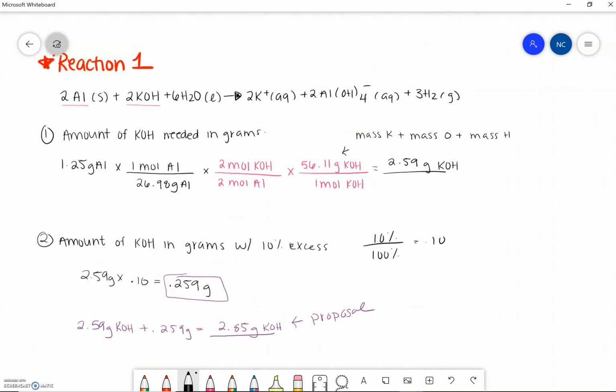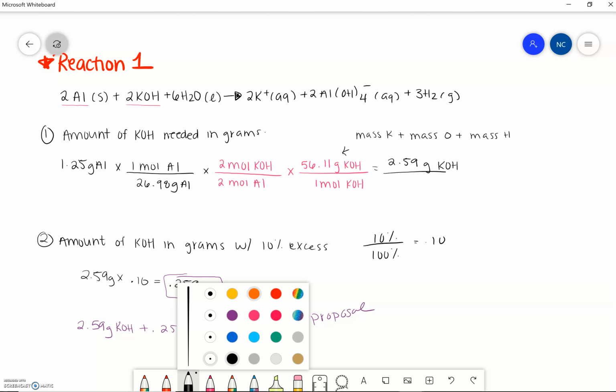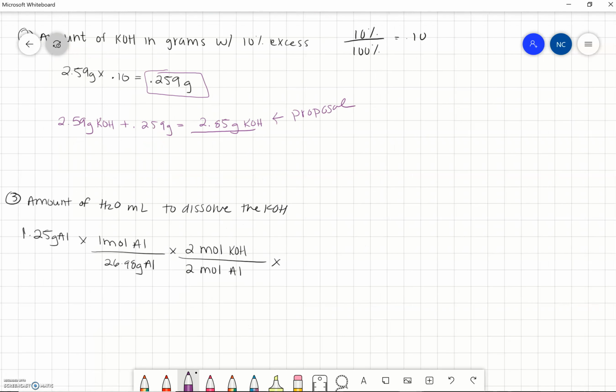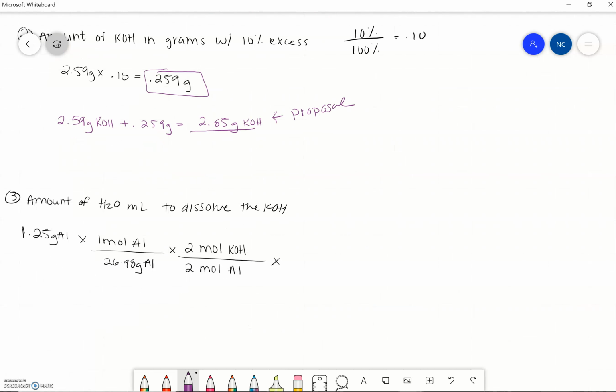And now we can go from the moles of KOH to the moles of water, which is 2:6. So we have 2 moles of KOH to 6 moles of water.